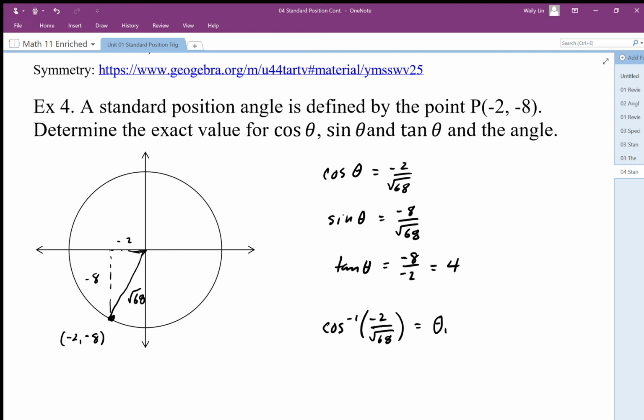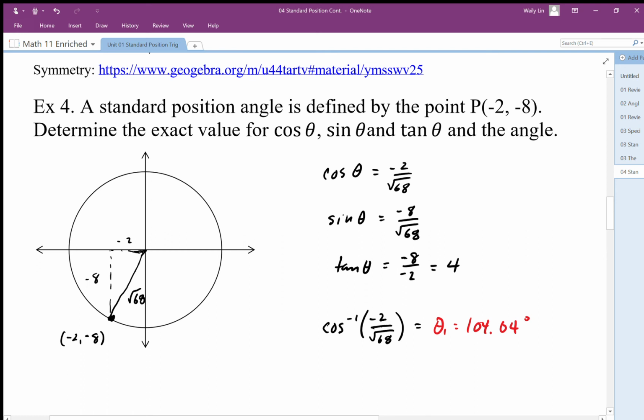And I get 104.04 degrees. Okay, so looking at that angle, I have to make sure that I'm in the right quadrant, because remember, there's always two possibilities.